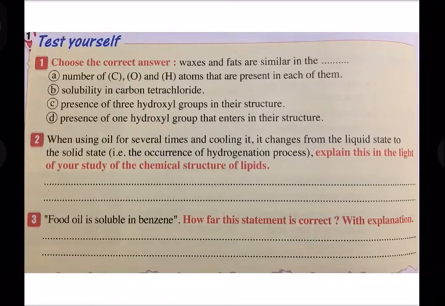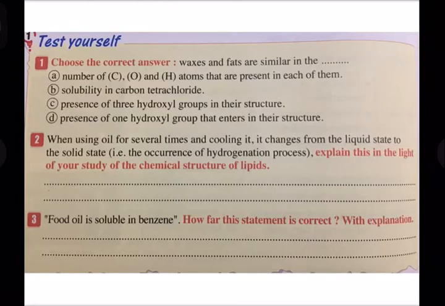Choose the correct answer. Wax and fats are similar in: number of carbon, oxygen, hydrogen atoms that are present in each of them, solubility in carbon tetrachloride, presence of 3 hydroxyl groups in their structure, presence of 1 hydroxyl group that enters in their structure. طيب number of carbon, oxygen and hydrogen atoms هما different.